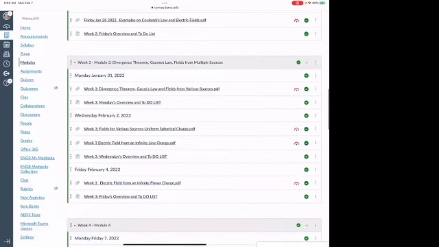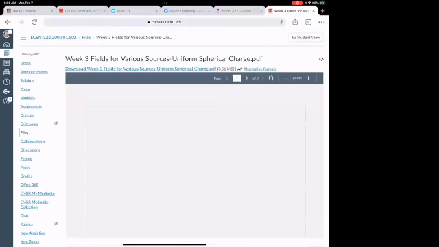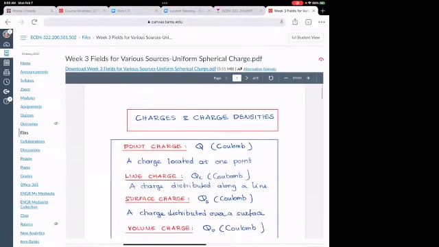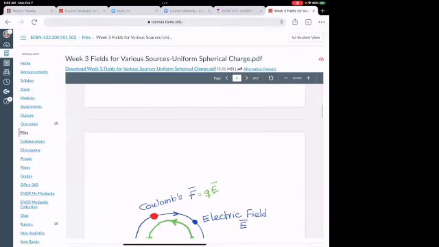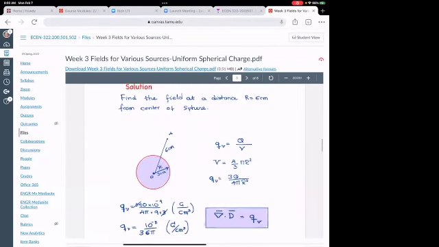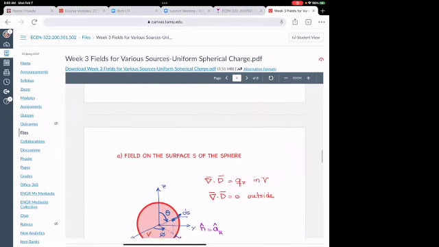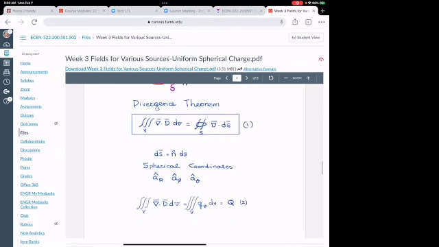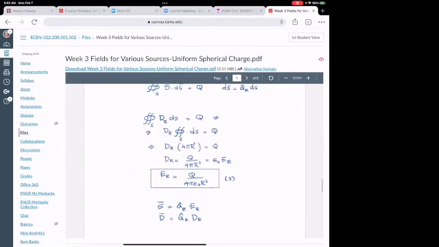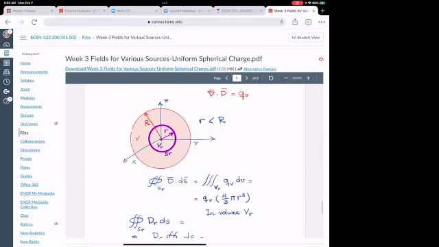All right, and we started with this. That is the charge that is distributed uniformly inside a spherical volume. And we solved it inside and externally.